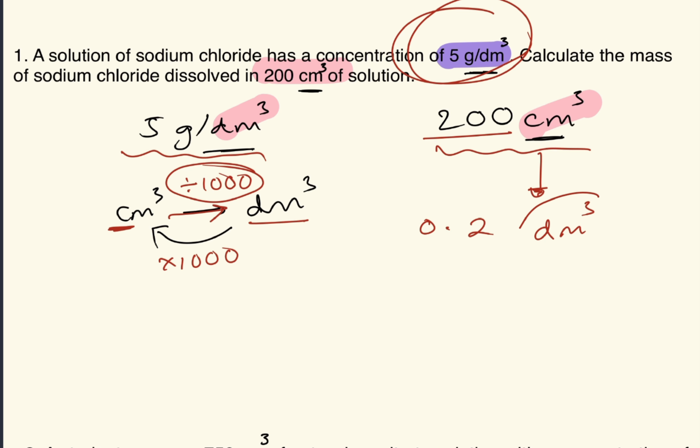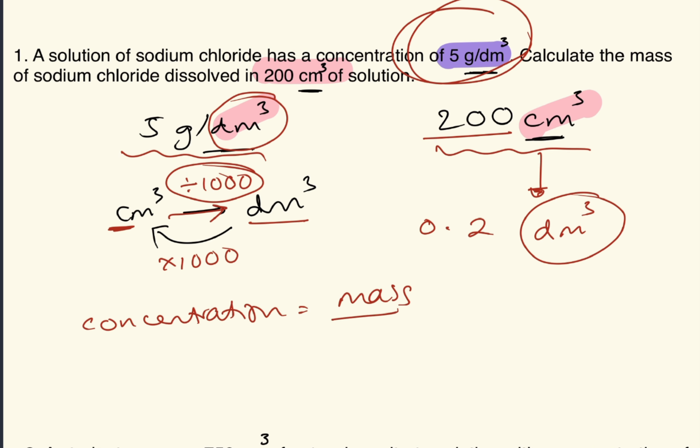So now we have a value of decimeter cubed here, and we also have a value of decimeter cubed over here. We can now find the mass. So if you remember the equation, concentration equals mass divided by volume. The question's asking us to calculate the mass, so in order to rearrange for the mass, I'm going to take volume to the other side.